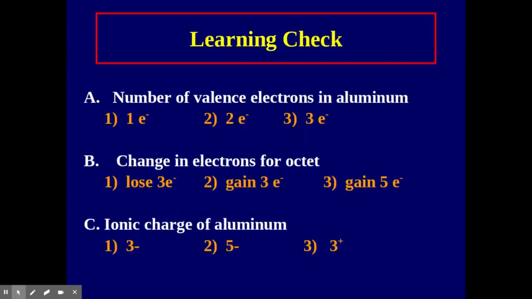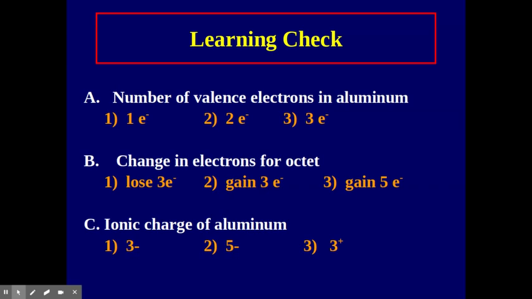Let's go through a little learning check here. The number of valence electrons in aluminum. Pause it if you need to think about it, and I will give you the answer. So the valence electrons in aluminum are 3. The change in electrons for the octet, what's aluminum going to do if it has 3 valence electrons?